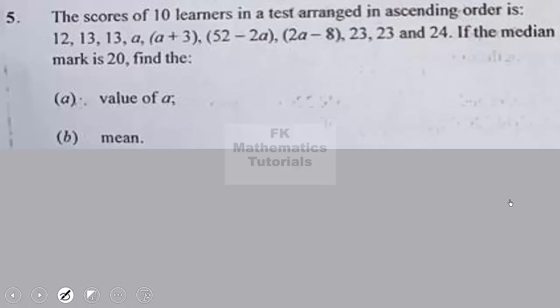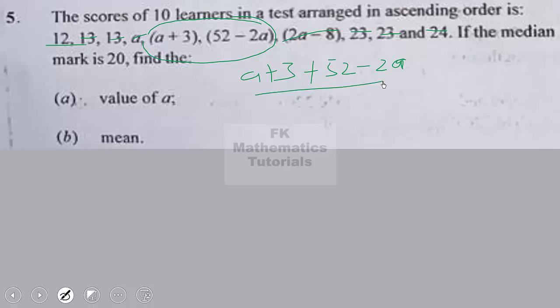So how many marks do we have? 10. So we have two in the middle. So the mean of these two will give us the median. So a plus 3 plus 52 minus 2a, all over 2, is equal to 20.